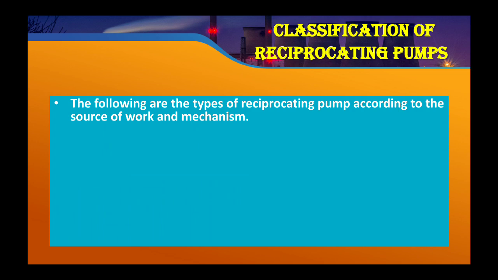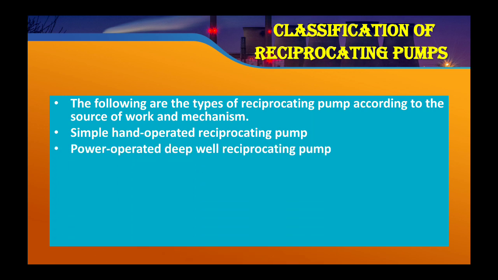Reciprocating pumps can be classified into several categories. The following are the types of reciprocating pumps according to the source of work and mechanism. The first one is the simple hand operated reciprocating pump. Next one is the power operated deep well reciprocating pump. The third one is the single acting reciprocating pump.